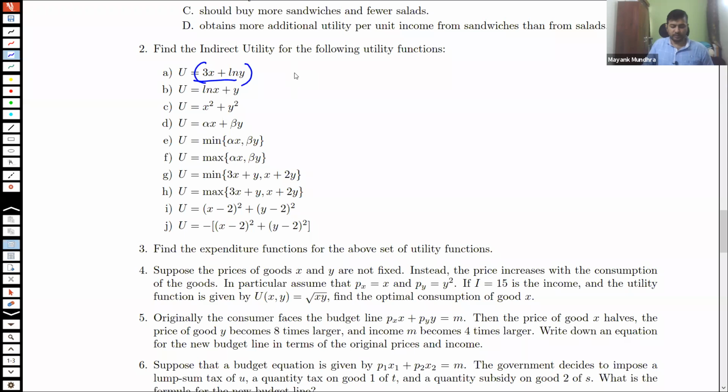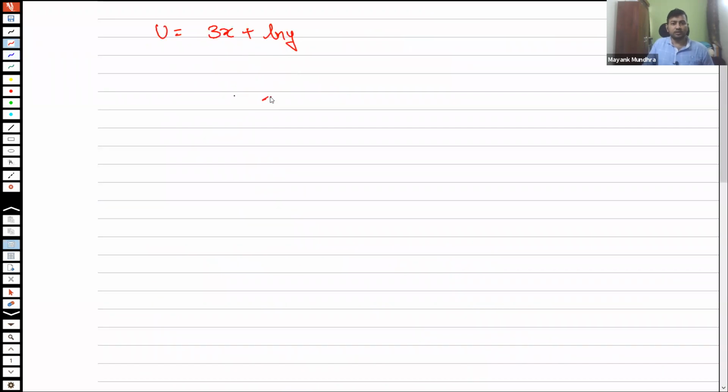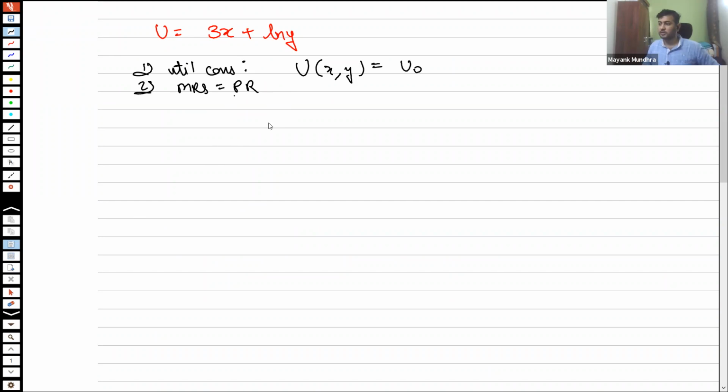I have to find the expenditure function. So the things to solve for in the expenditure function are going to be a utility constraint, that is u of x comma y equals some value u naught, and second is your MRS equals price ratio. So these are going to be your two constraints when you solve for the expenditure function.